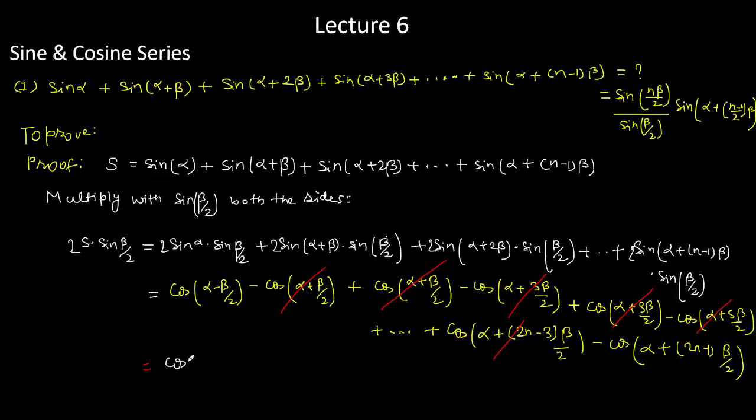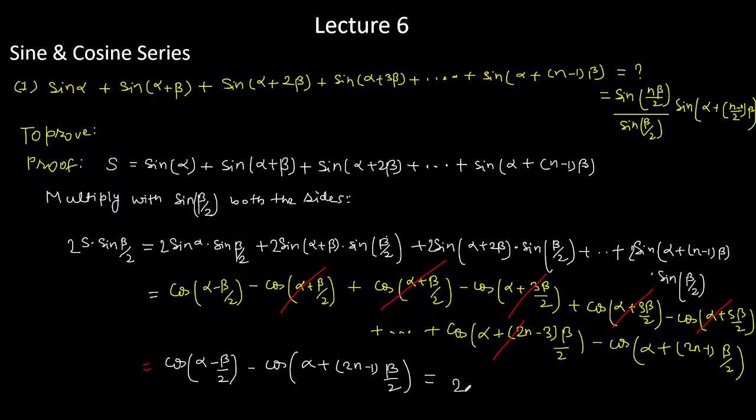So it is cos alpha minus beta by 2 minus cos alpha plus 2n minus 1 beta by 2.